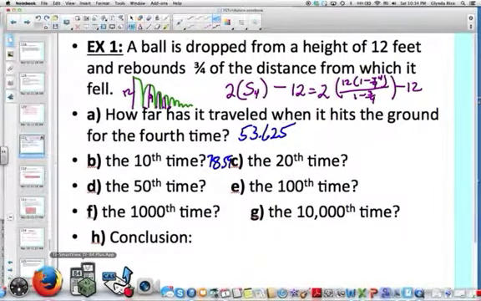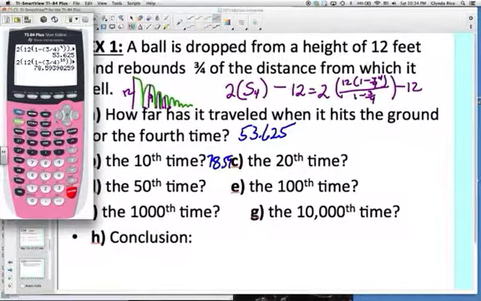Now let's go back into the calculator and hit the 20th time. Second enter brings my last equation down. There's only one thing that changes on each of these. 83.696.